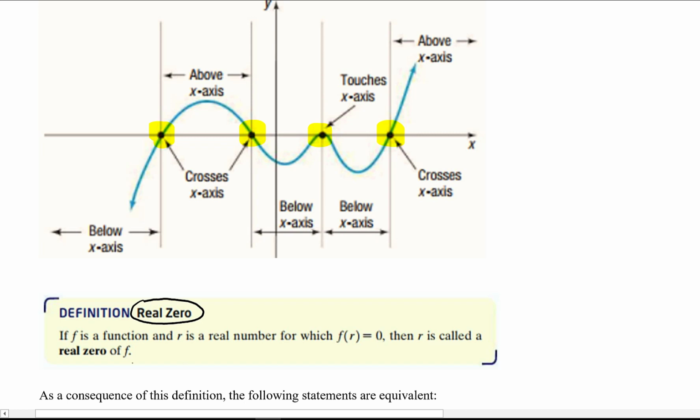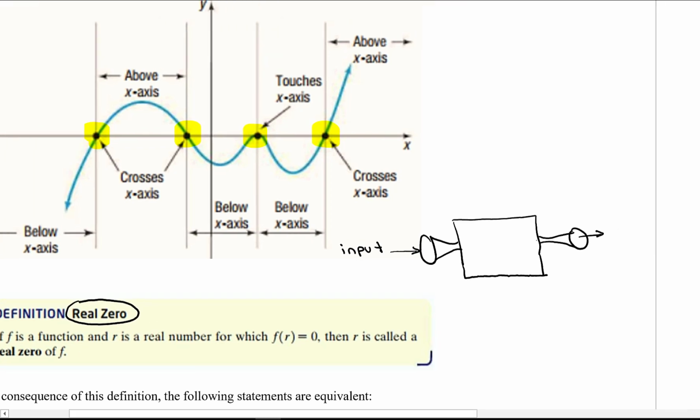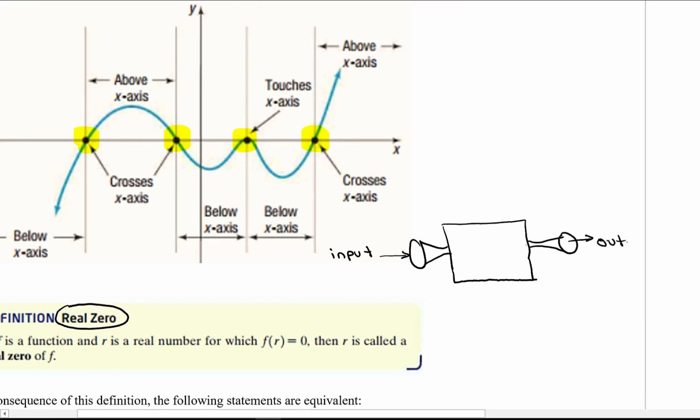So the way I like to think about it, when you were taught in elementary algebra about that function machine. No, you guys don't remember that? Remember you were taught there was a function machine that if you gave it an input, it provided you with an output, something like this. And this is our function, f of x.